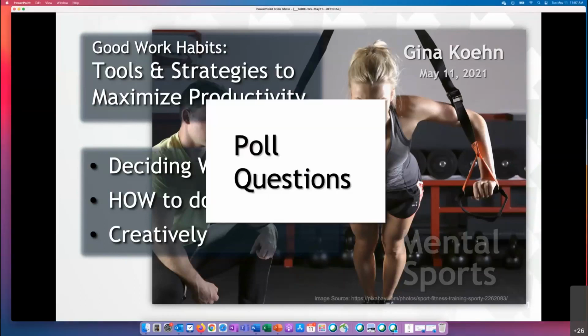Okay, I will open the poll question. So hopefully you can see the poll window on your screen, and I will open it now. All right, I guess first of all, can you see the poll? Oh, I see some submissions.